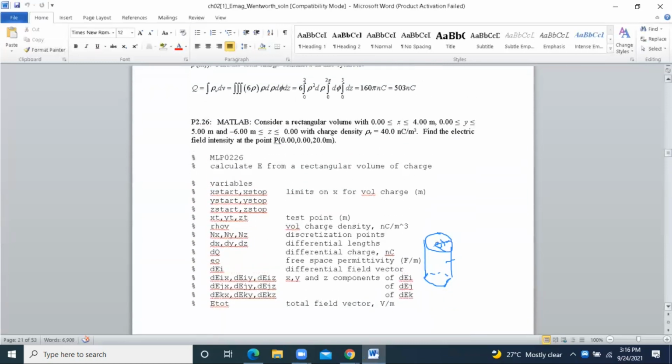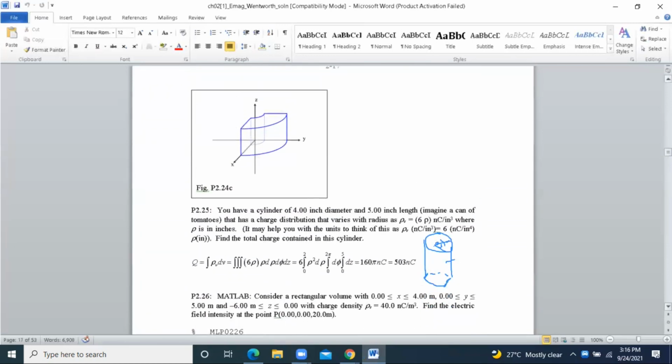There you go, it's exactly like this. So 2 to 4, and this would be your angle here, your phi, and this would be your z.